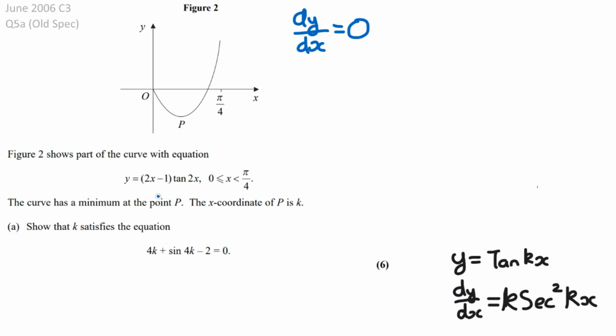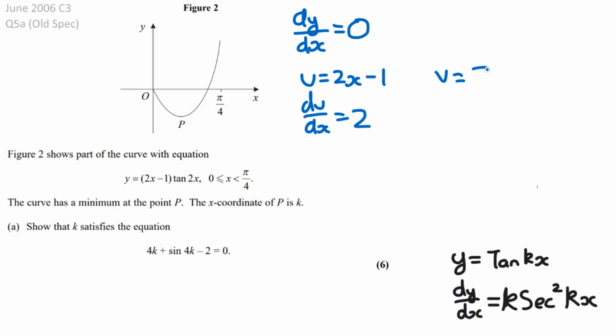Firstly, we need to find dy over dx, so we need to differentiate this, and we're going to do this using the product rule because we have two functions multiplied together. If we say that u is equal to 2x minus 1, then du over dx is equal to 2, because the 2x becomes 2 and the minus 1 goes away.